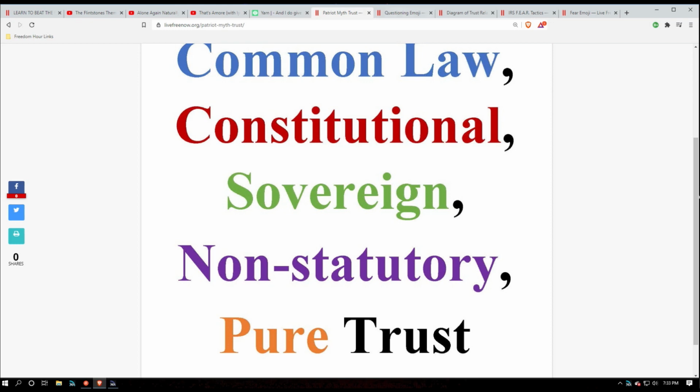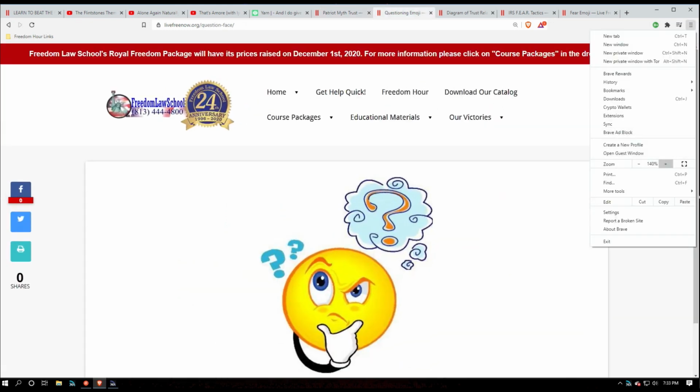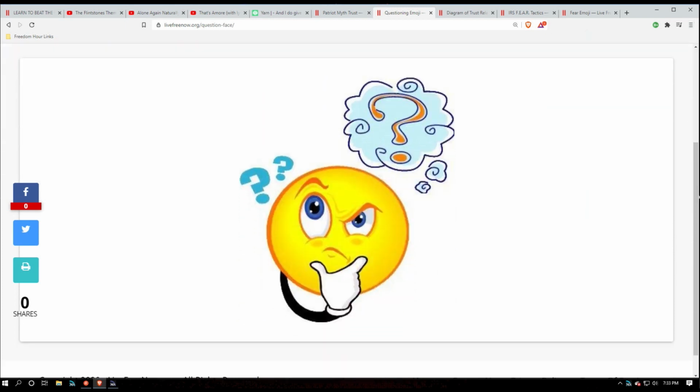Well, what do they mean? What do these terms mean and add up to? Do they help you from the IRS, or do they not help you? Well, the answer is not a simple yes or no. It all depends. Depends on how things were created and operated.